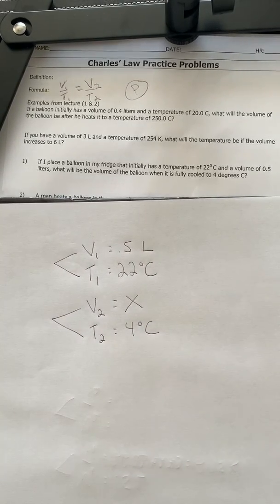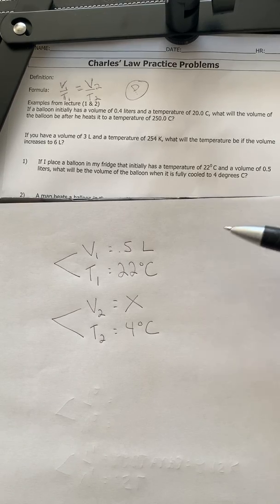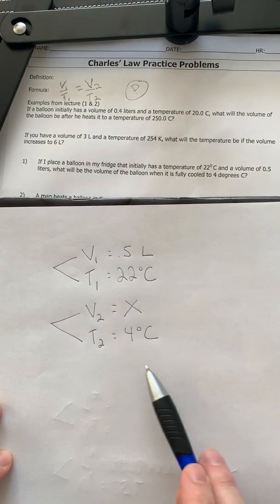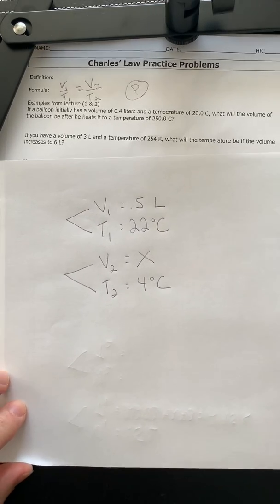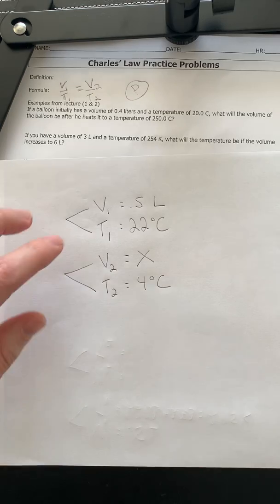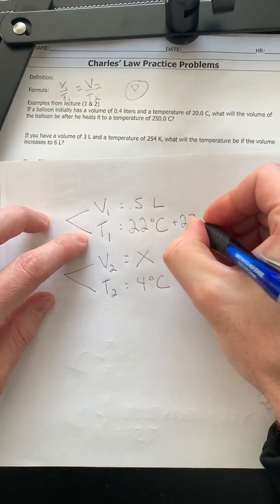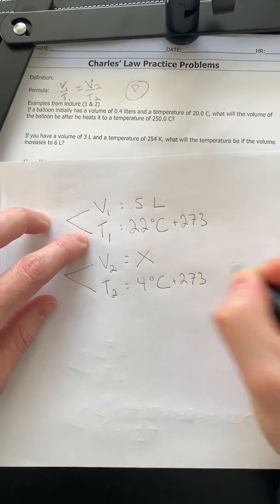So before I move any further, I know that when I plug this stuff into our formula, it's got to be converted into Kelvin. I'm taking a look at this, and maybe I reread through this just to make sure I didn't mess anything up or put things in the wrong spots. But I'm going to do my conversion into Kelvin right now. So you don't have to memorize this. It'll be at the top of your quiz, but I add 273 here, and I add 273 here.